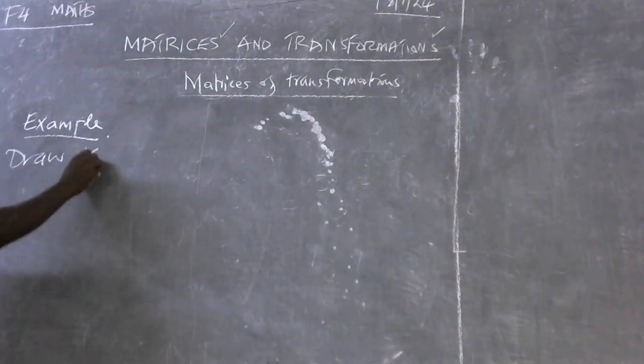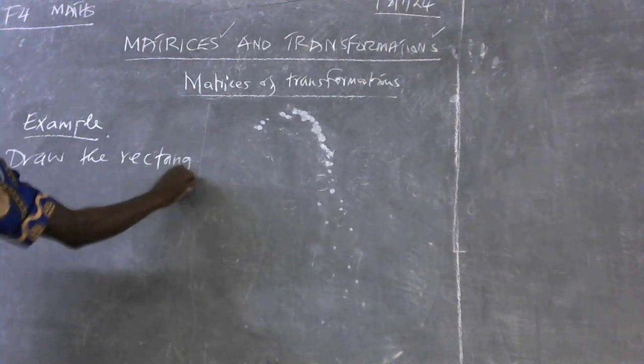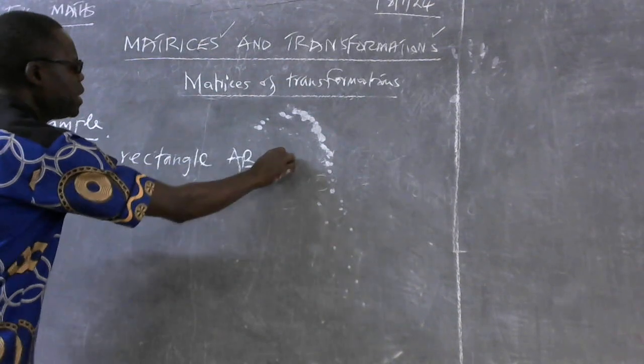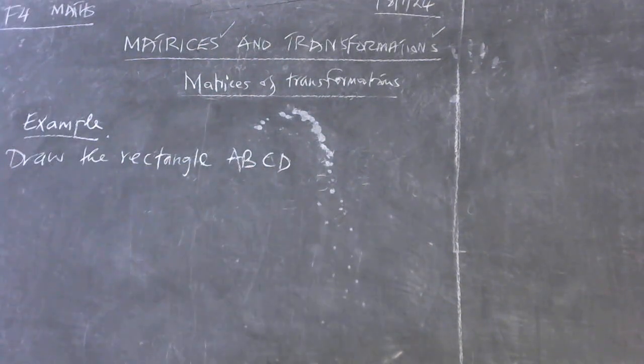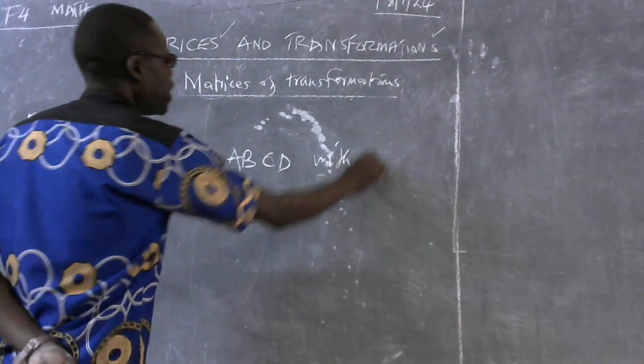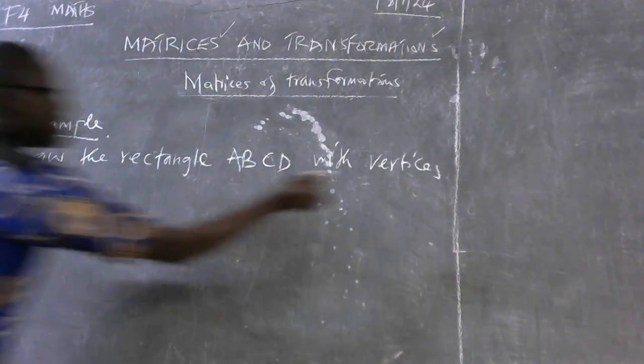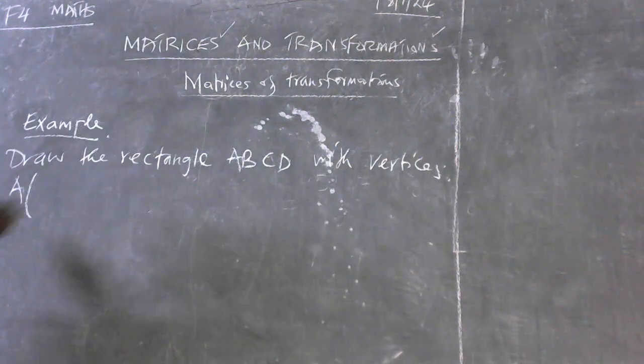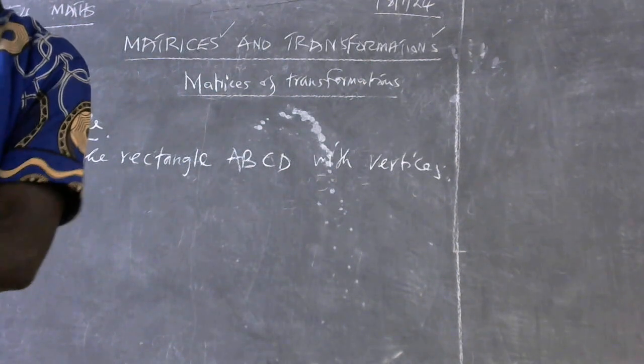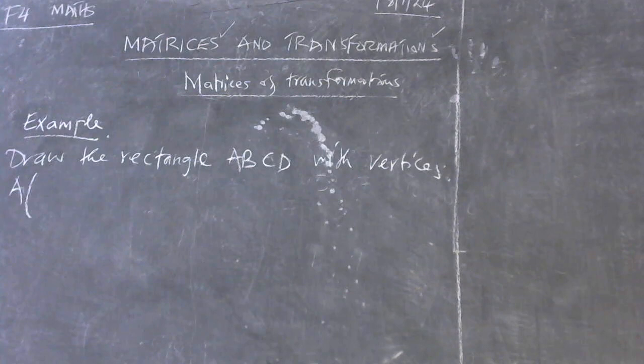This is a rectangle with vertices, you can put a colon. How many minutes are remaining? About 12. Within 12 minutes, we shall be able to perform this computation. Then the next lesson, we shall see what to do.